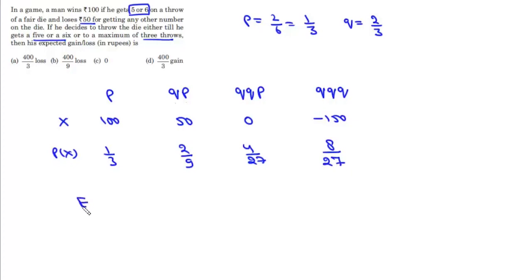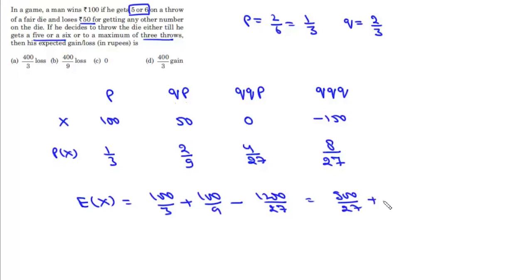So the expected value of this random variable x will be 100 by 3 plus 100 by 9 minus 1200 by 27. Now this is 900 by 27 plus 300 by 27 minus 1200 by 27, which is 0. So the expected value is 0. No gain, no loss.